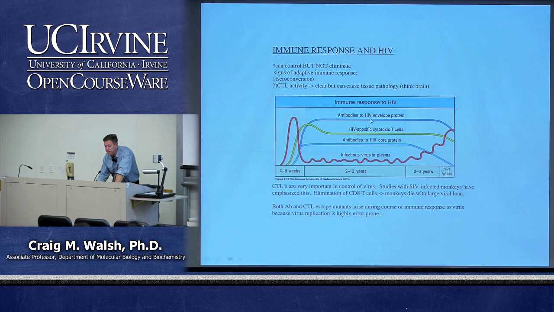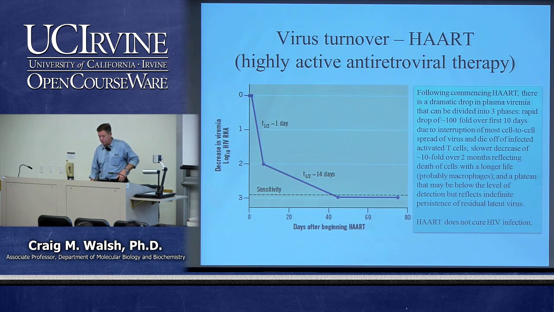One thing that's interesting, though, is that the virus can change over time. We know that because in some of the original studies trying to develop antiretroviral therapies, the virus over time would change so that it was no longer susceptible to these drugs. So with this HAART approach, the point is that this is a combination therapy. You're not just targeting the polymerase, for example, or just the protease.